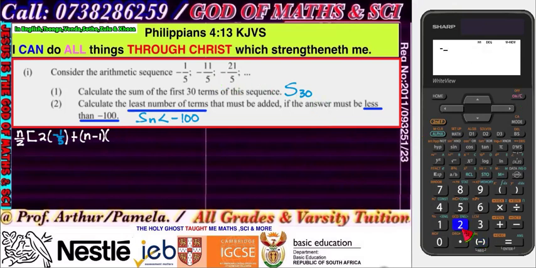I need to take -11 over 5 minus, minus, meaning minus -1 over 5. Could have done it in the head, but I'm just showing you how to use a calculator. There, you've got -2. So -2 is your common difference. And then all of that should be less than -100.